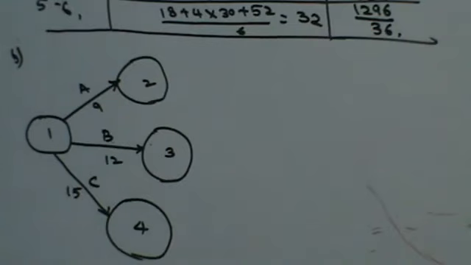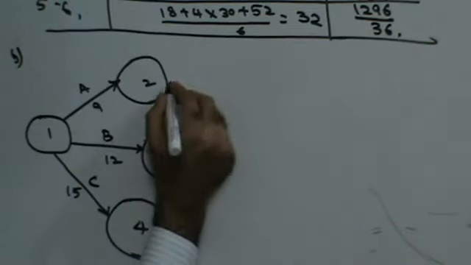From where am I taking the time? I'm taking time from the time estimate table. Then from 2 to 5 and 3 to 5. From 2 and 3, we're going to go to 5.